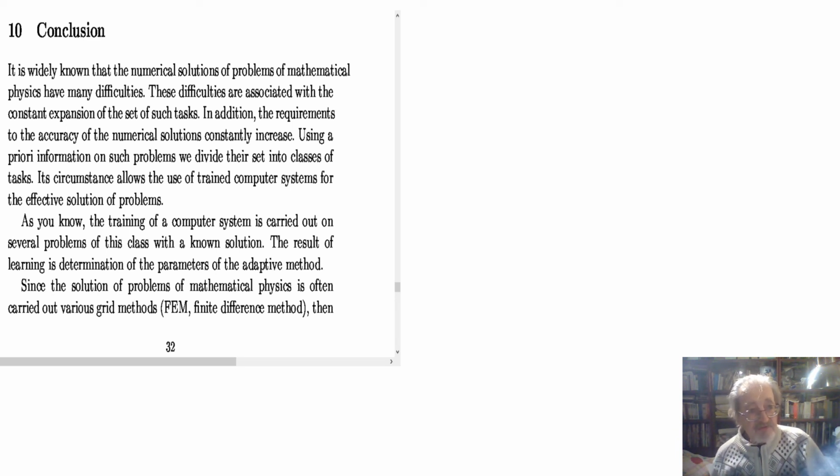The adaptive choice of nodes seems to be very important in the case of problems with particular features of the solution.